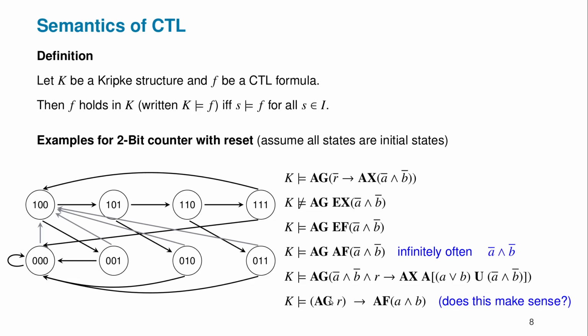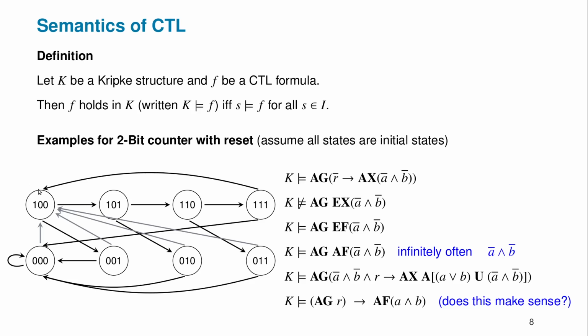the always globally R is independently evaluated from the right-hand side, and if I just take this AG R and evaluate it for any state where it has to hold, then it becomes clear that AG R is false.